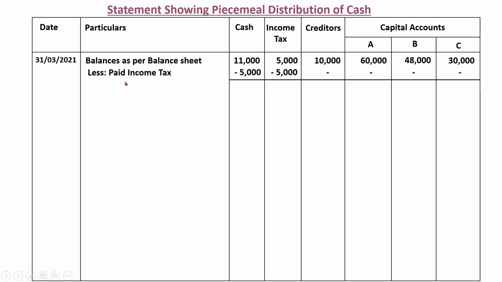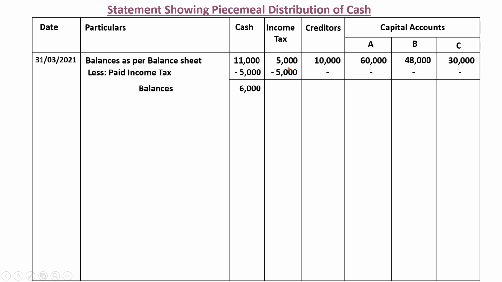So here less paid income tax, after payment of income tax 11,000 minus 5,000, we will have a cash balance of rupees 6,000.